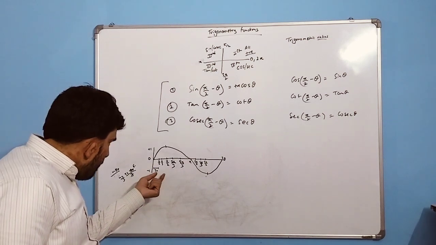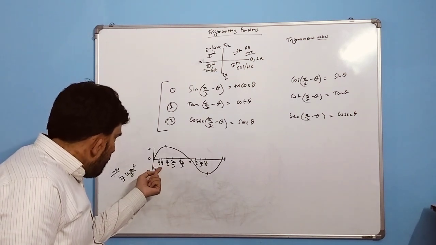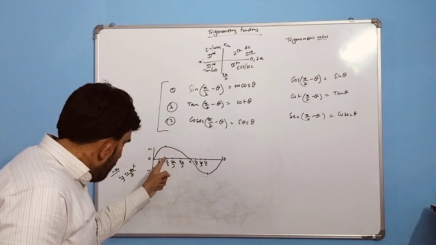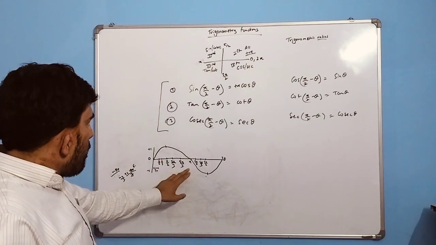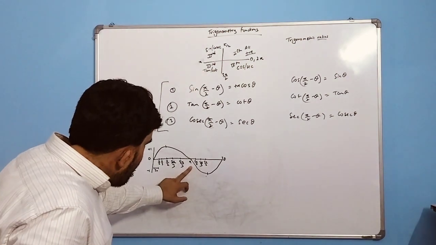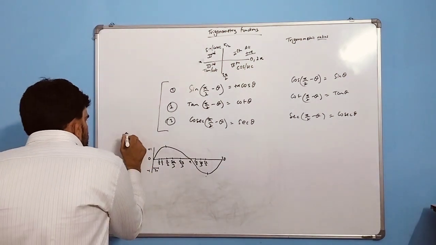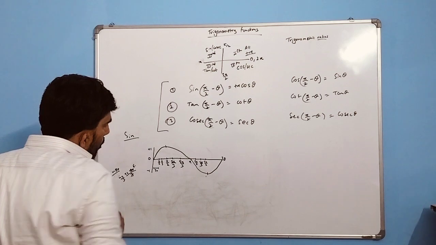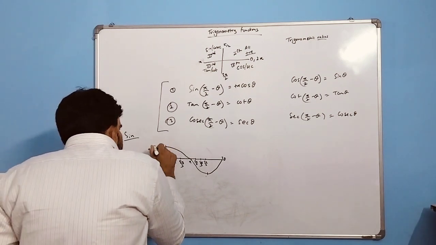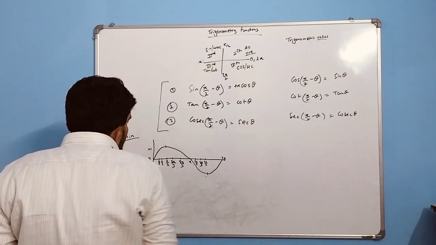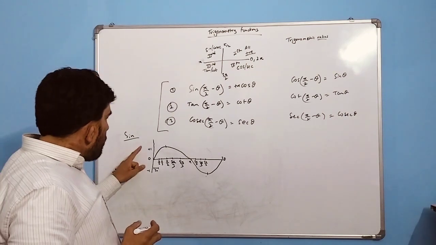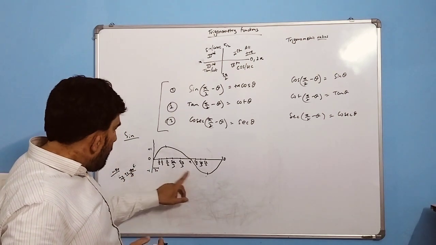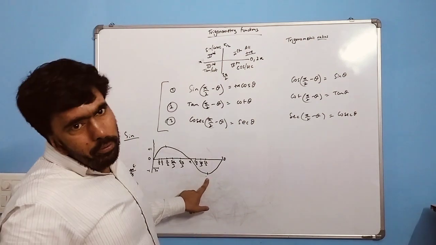I have taken a 30 degree angle difference: 30, 60, 90 is the maximum value, right? I have taken 120, 150, 180, and then I go on. So this is the sine form. The sine waveform we can show like this: the maximum value is positive 1 and the minimum value is minus 1. The maximum value will be at 90 and the minimum value at 270.